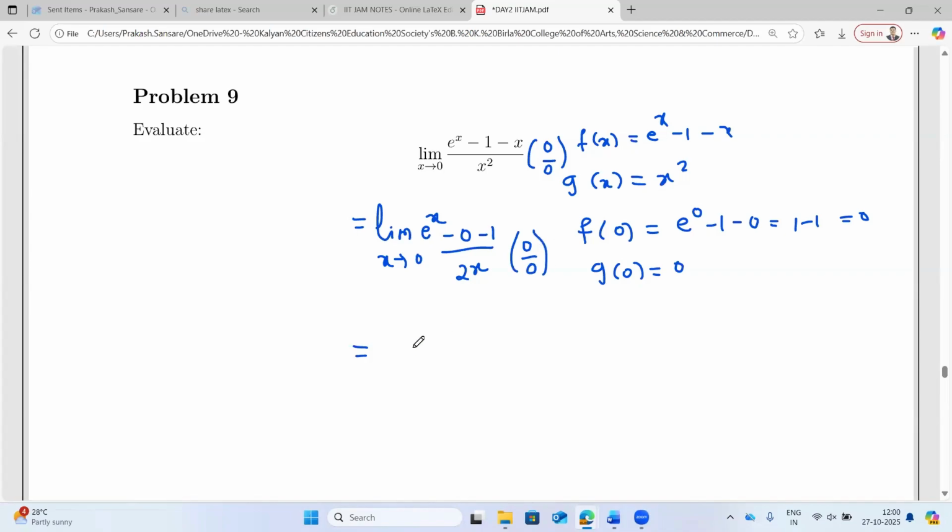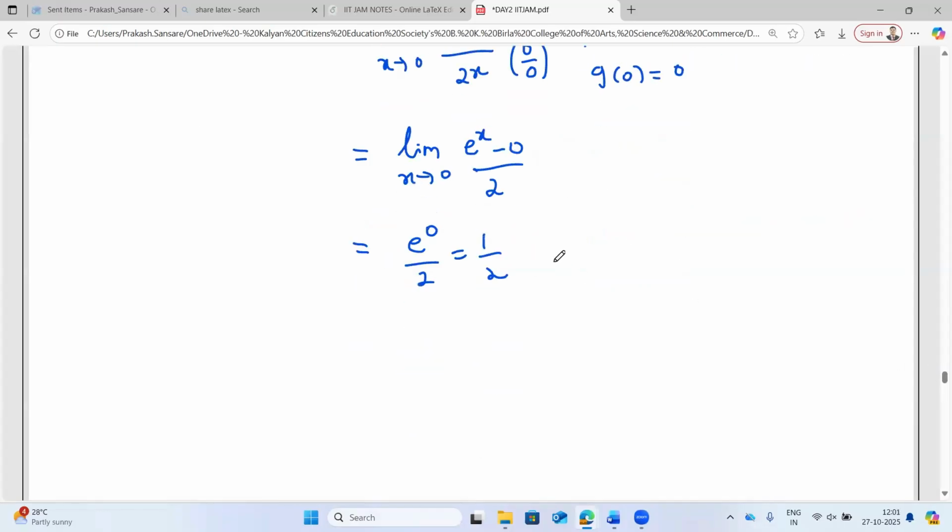So it is indeterminate form. Again apply L'Hospital's rule as x approaches 0. E power x derivative is e power x, 2x derivative is 2. Now substitute x equal to 0, you get e power 0 upon 2. E power 0 is 1, so 1 upon 2. So the answer is half.